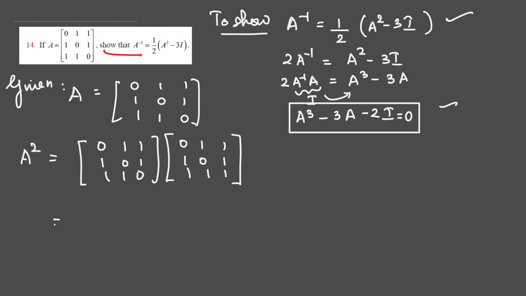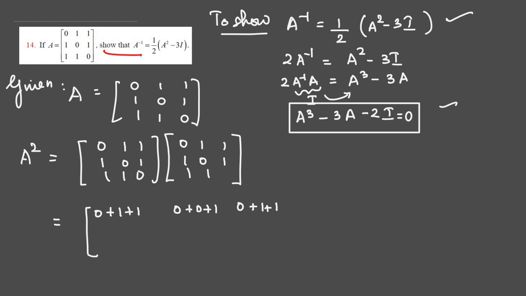We know matrix multiplication. First row, first column, 0 plus 1 plus 1, gives us 2. First row, second column, 0 plus 0 plus 1. First row, third column, 0 plus 1 plus 1.